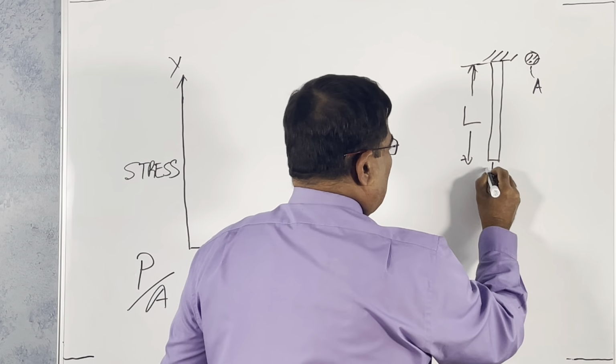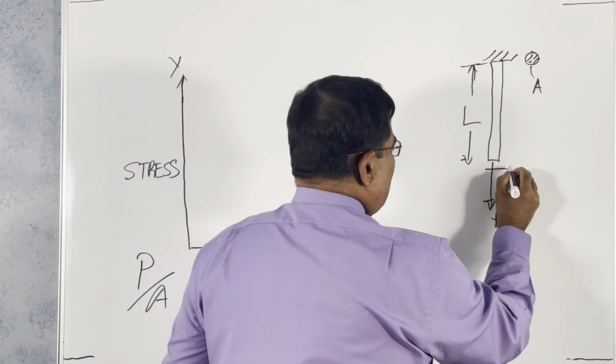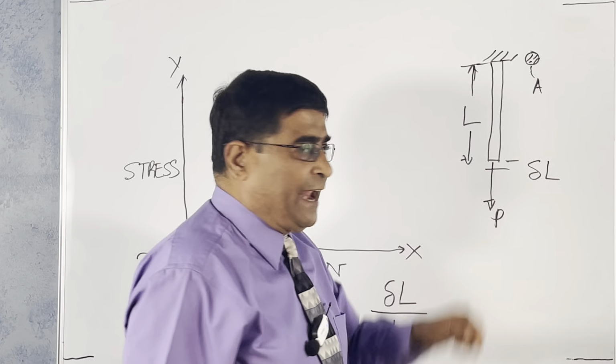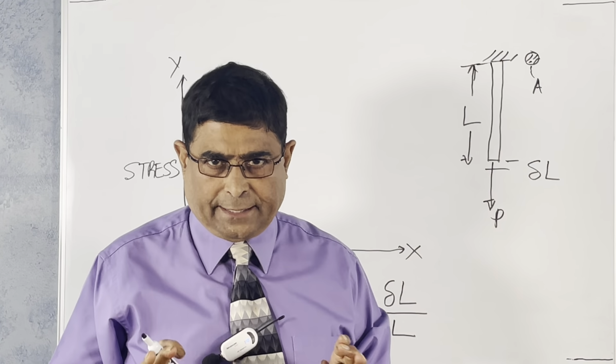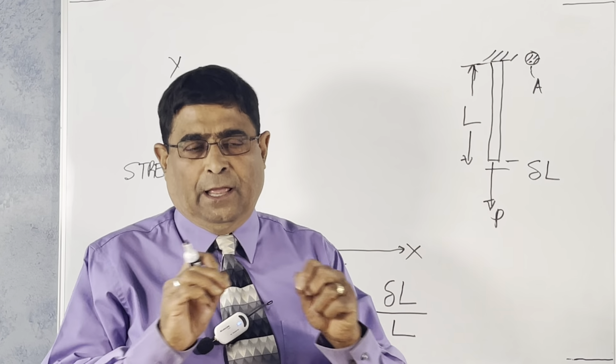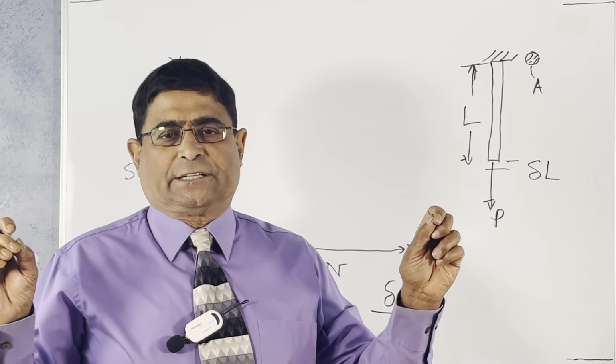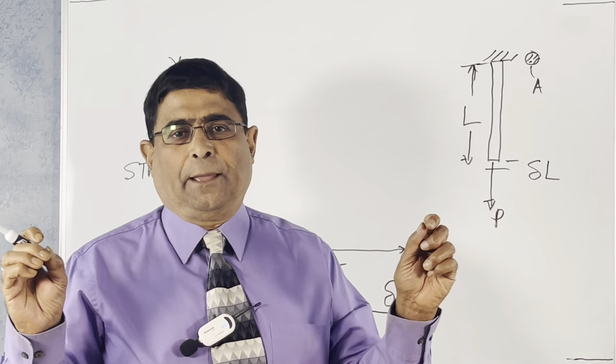It is elongated a little bit. This is your delta L. So delta L divided by original length is your strain, and the force divided by cross-sectional area is your stress for an ordinary case, for an axially forced member.